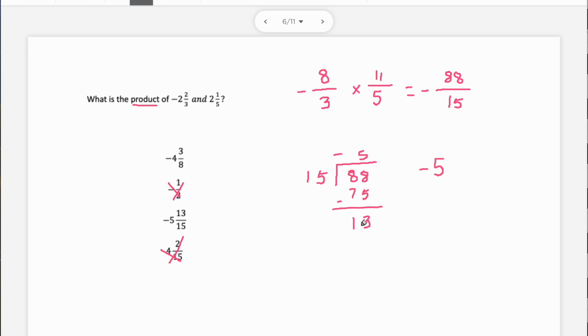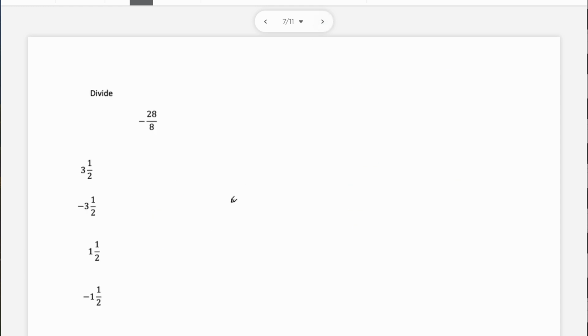The remainder is the numerator, so 13 up top, and you keep the original denominator from your improper fraction, so 15. So our answer here is -5 and 13/15. Okay, right there. All right, let's scroll on over.